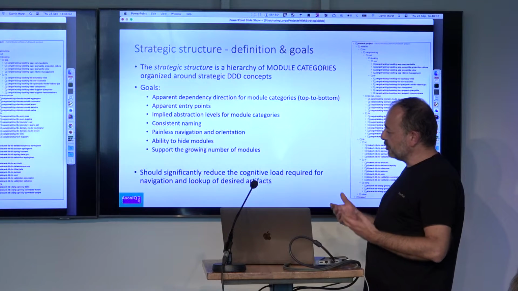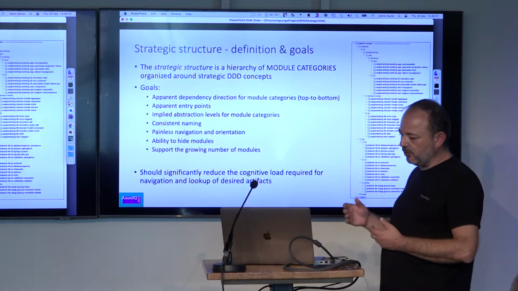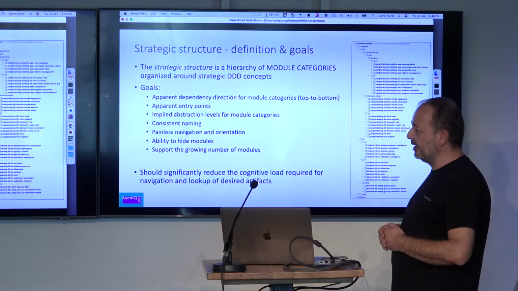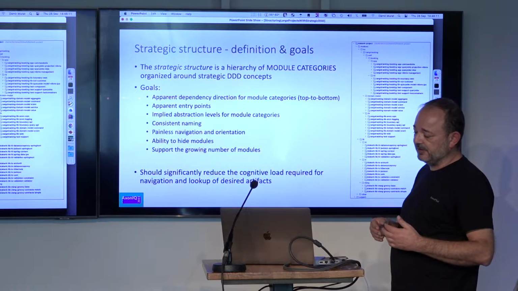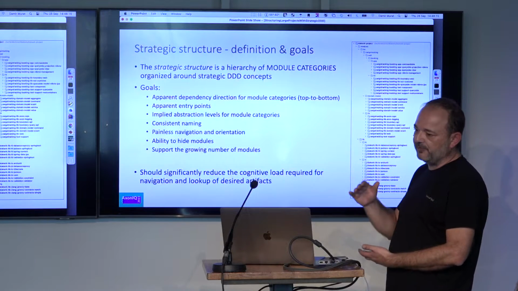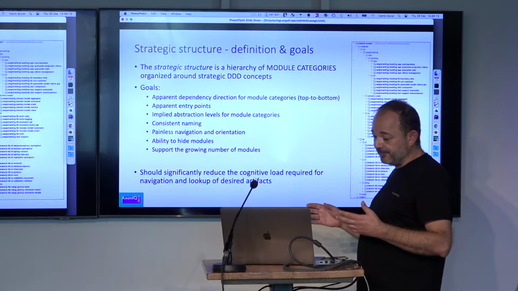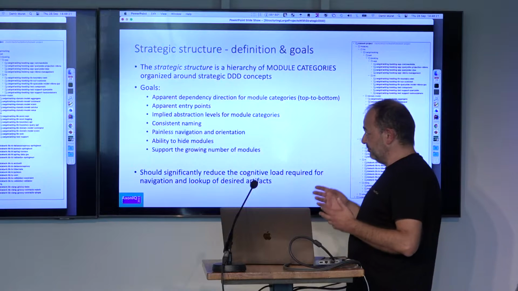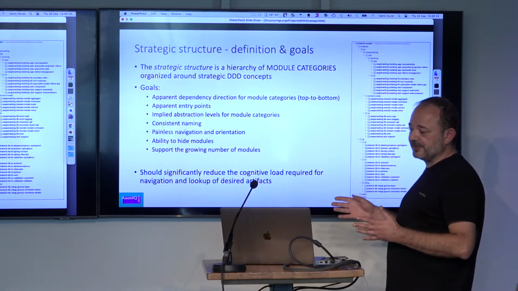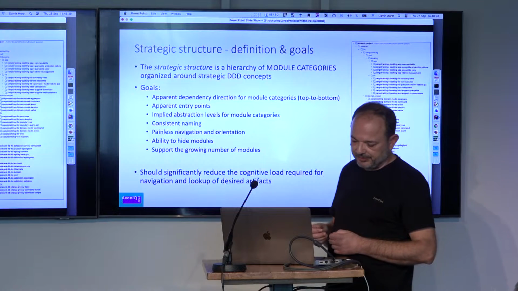Strategic structure should provide apparent dependency direction for those module categories, and that direction of dependencies between module categories should consistently go in a top to bottom fashion across the entire structure, for all modules, always. It is a pretty much strict property of the strategic structure.